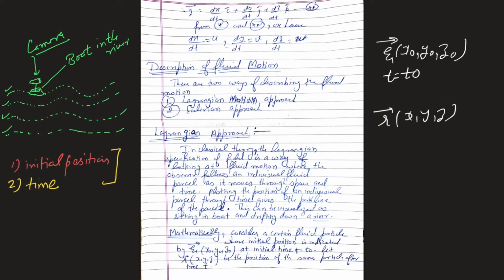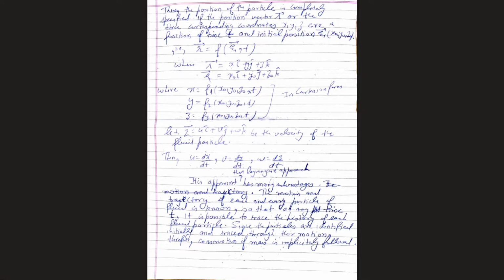Okay, now we'll move further. Thus the position of the particle is completely specified if the position vector r, or the three corresponding coordinates x, y, z, are functions of time and initial position. So if I say that the position of the particle at any time t is a function of chi and t, where chi is the initial position of the particle and t is the time.